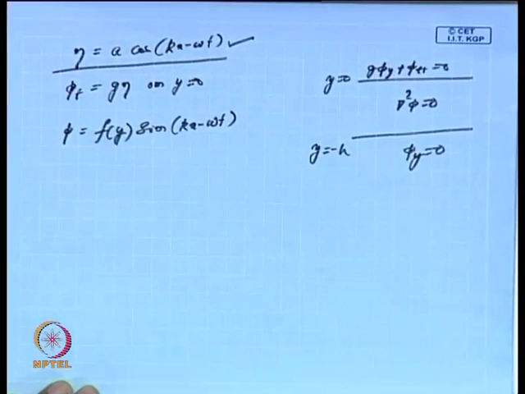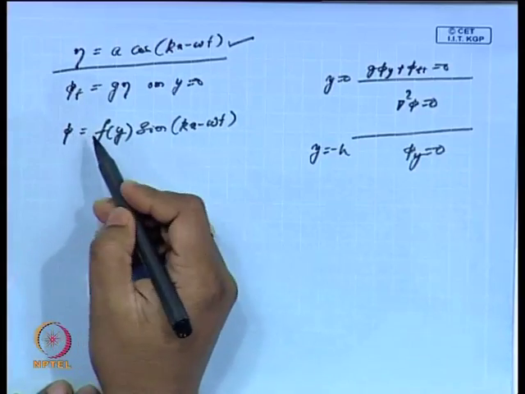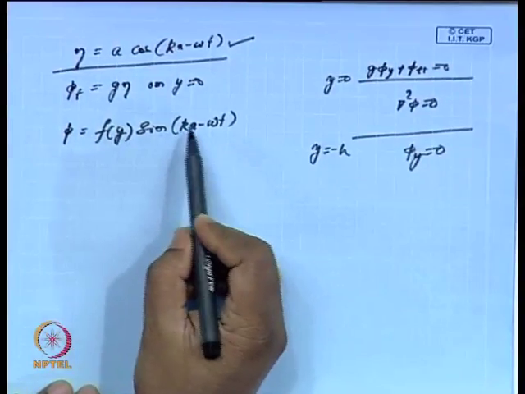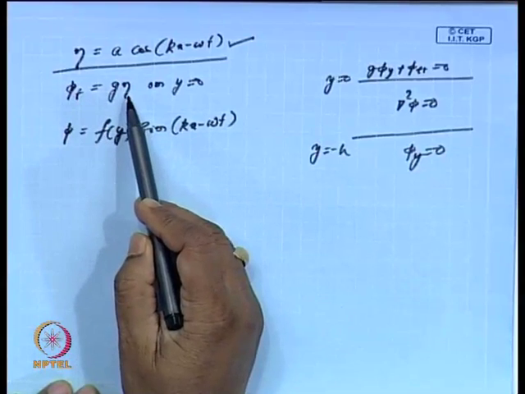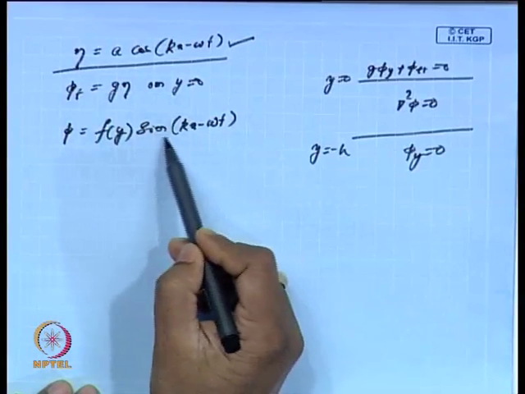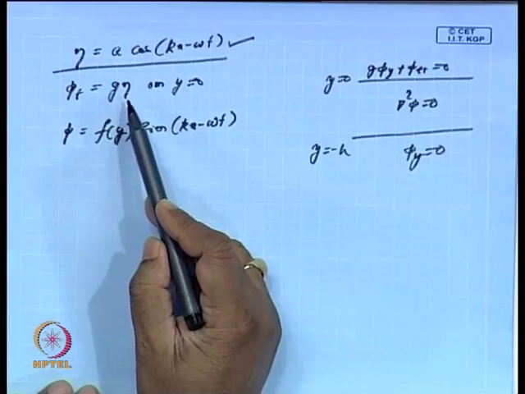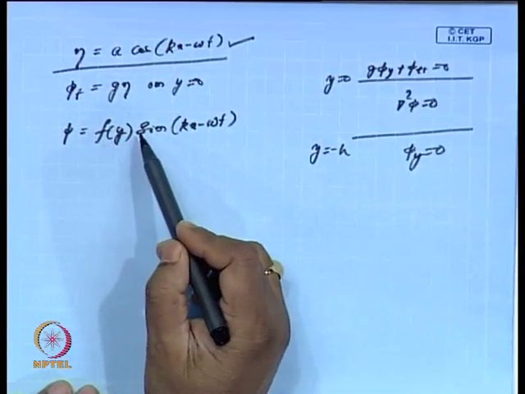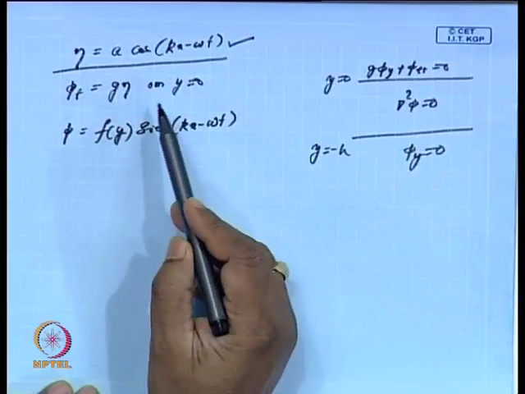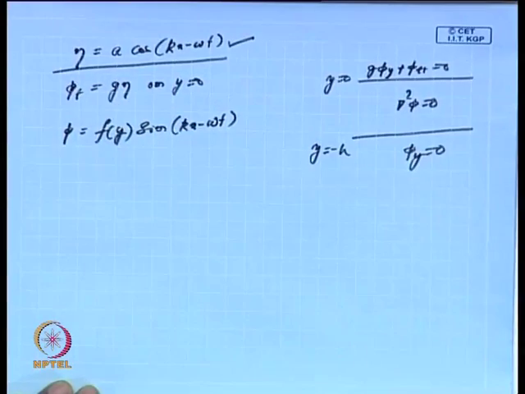Because if I take this form, phi is a function of x and y, and on y equal to 0, this phi_t will be g eta. That will lead to a sine term. So eta, if I take phi_t, will give a cosine term, and f(y) will give some constant, and that constant will be similar to g eta.